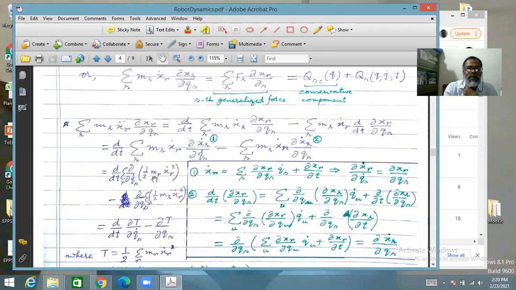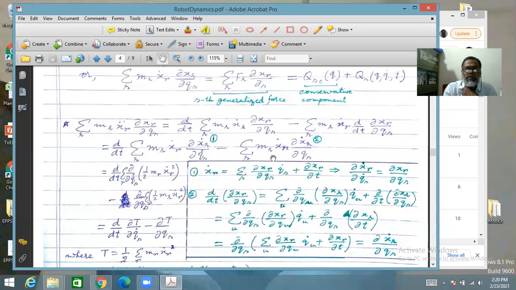Okay, the half mr xr dot square. Verify this. If you try to differentiate it with respect to qs dot, then what you will get? You will get half mr into twice xr dot, so that twice will cut this, and xr dot is appearing here, into del xr dot by del qs dot, which is here anyway. Fine.